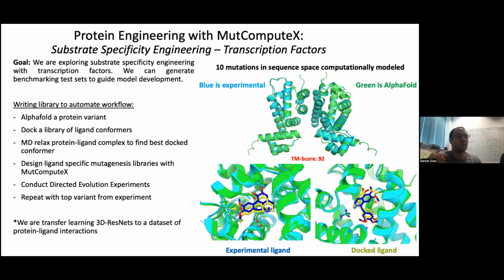So now we can use MutCompute-X on these computationally generated structures to help guide the library design for directed evolution studies to essentially accelerate substrate specificity engineering. We have experiments going on right now to do this, and don't have any experimental data yet to share here.